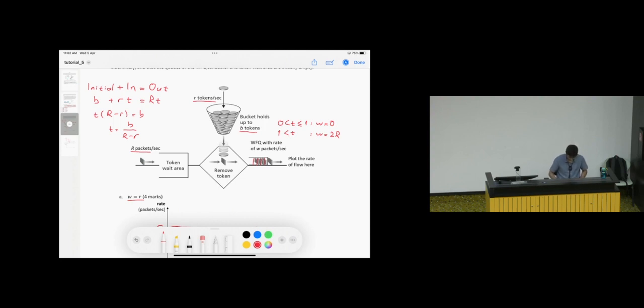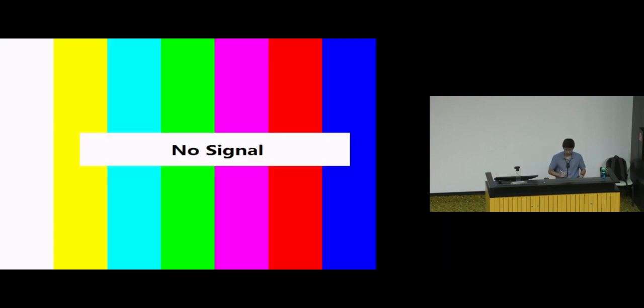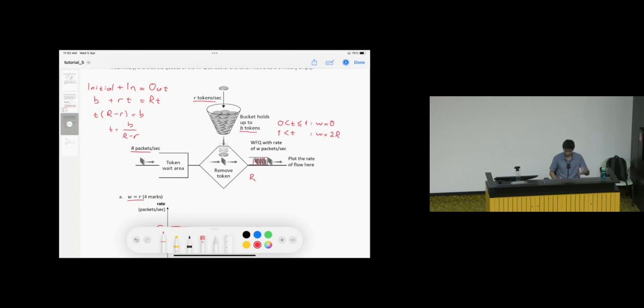So for the first second, I'm going to have R packets arriving, because R times 1 second is just R. And I need to decide if these R packets will all take a token and accumulate on the right-hand queue, this WFQ queue, or for some of them, there won't be any tokens left, and they will accumulate on the left queue, the token wait area.